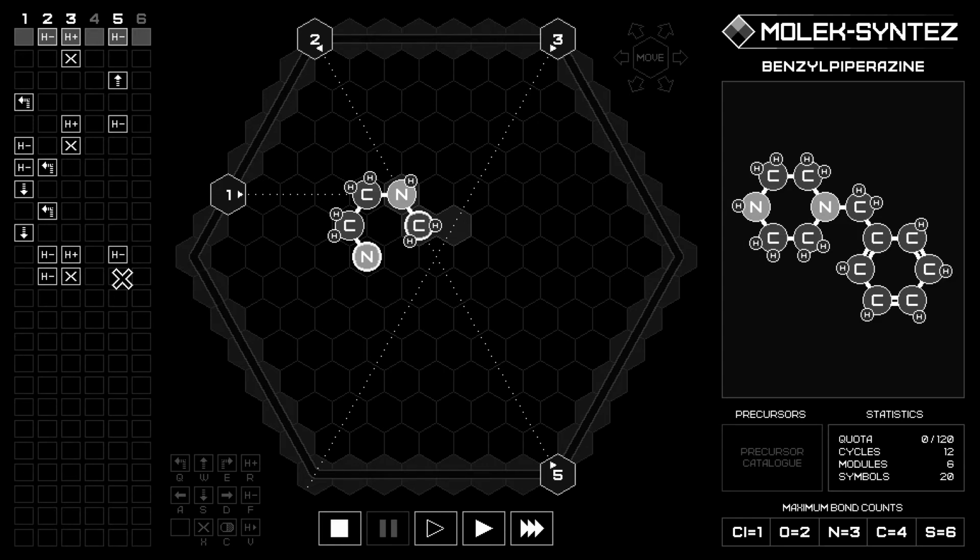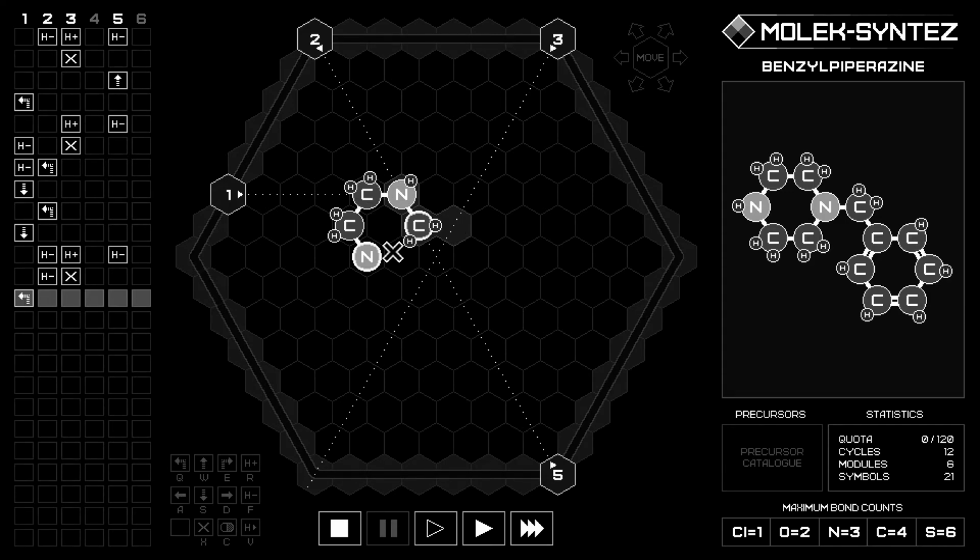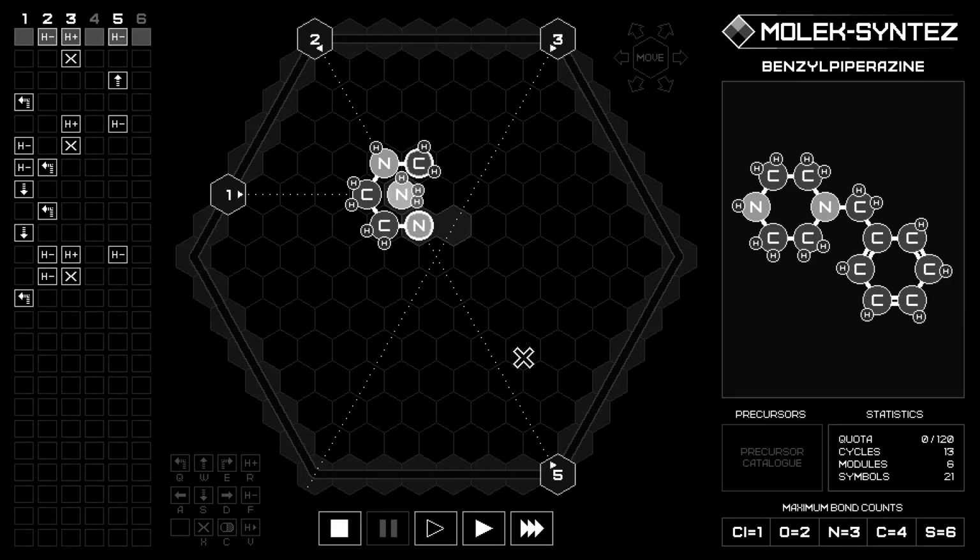Now that's all lovely. And what happens if 1 rotates left? Does it do something I want or something I don't want? I'm really not good at visualizing these rotations when grabbing something other than the center. Oh, I'm going to call that not what I want, I think. It's so close, in a way.